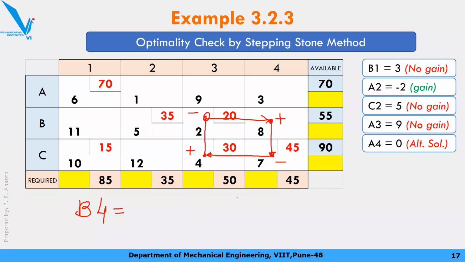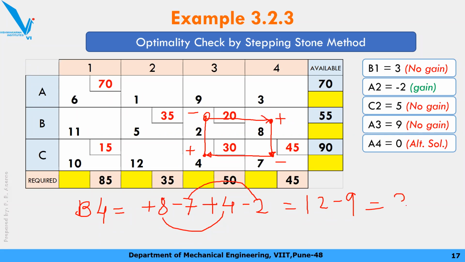The improvement index is just an addition of all the costs along with the signs we have just given. So it is plus 8 minus 7 plus 4 minus 2. So 8 plus 4 is 12, minus 7 plus 2 is 9, so it's 3.